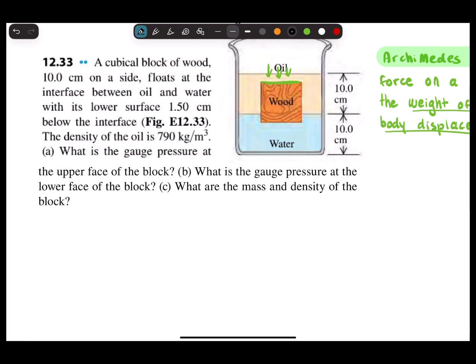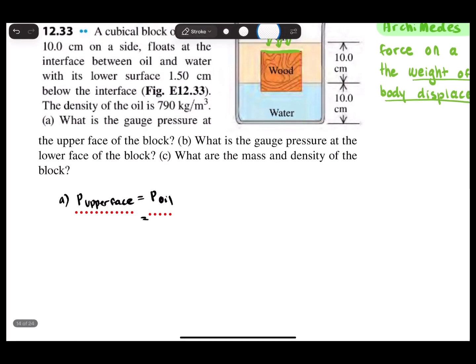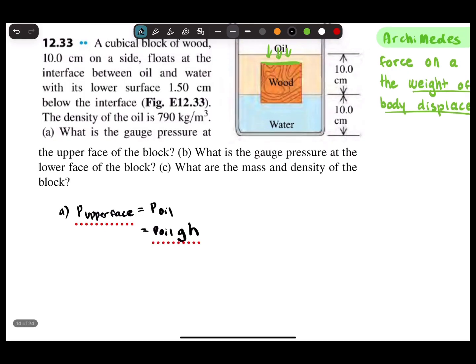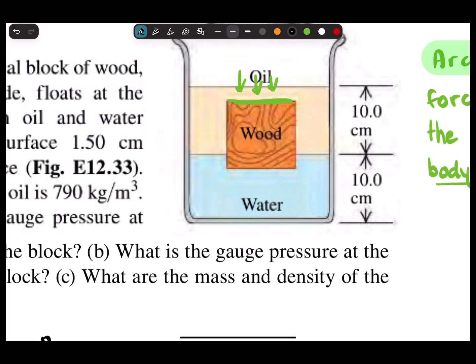So part A, pressure at the upper face equals the pressure from the oil. And the pressure from the oil is equal to rho oil, the density of oil, times gravity, times the height of oil above the surface we're interested in. We're interested in the upper surface, which means we're interested in this height right here.